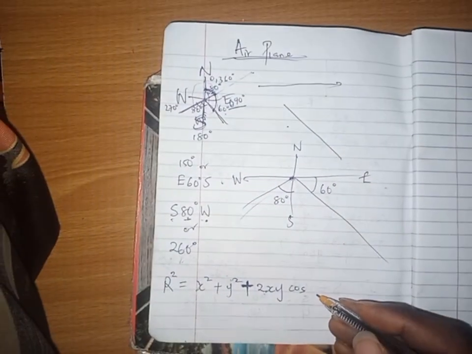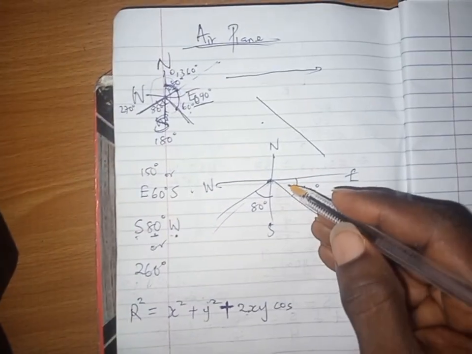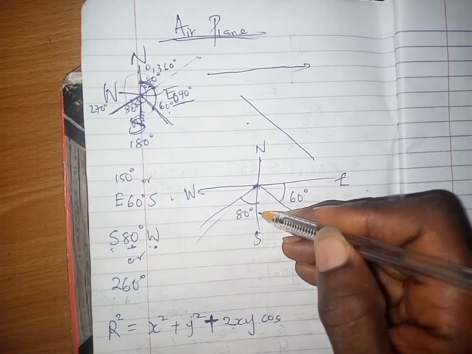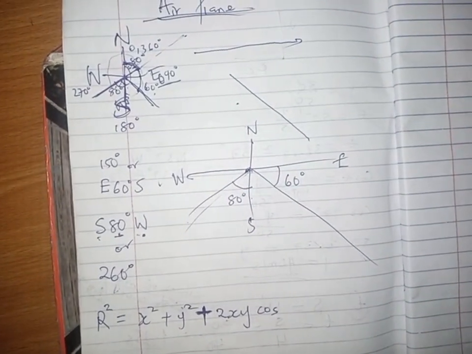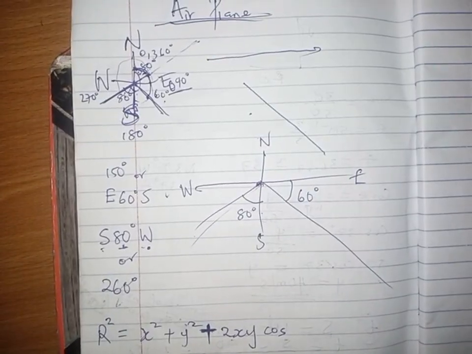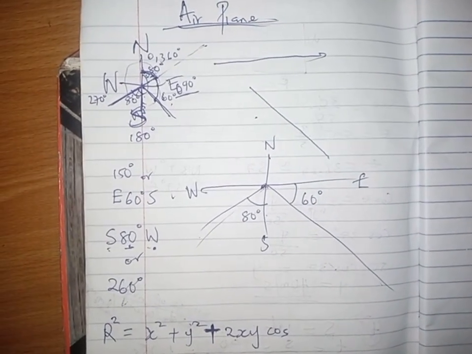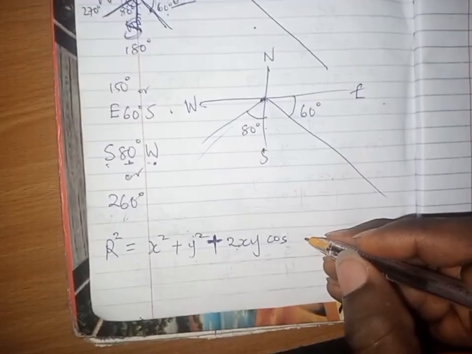The angle you get: this is 60, this is 90 plus 80, which is 170. Sorry.